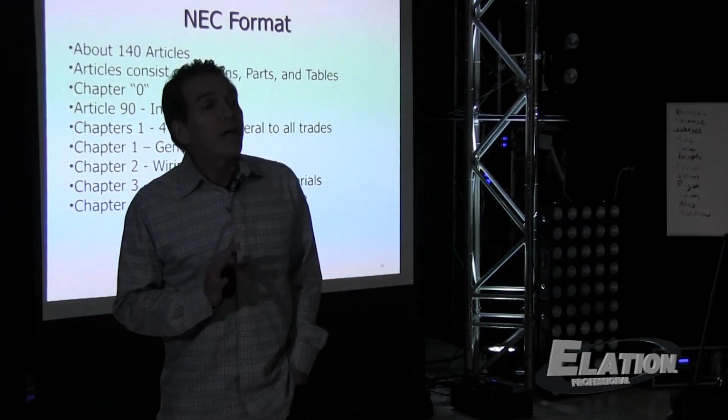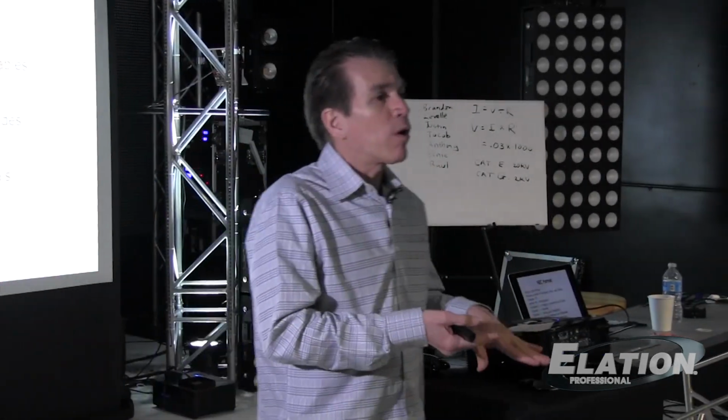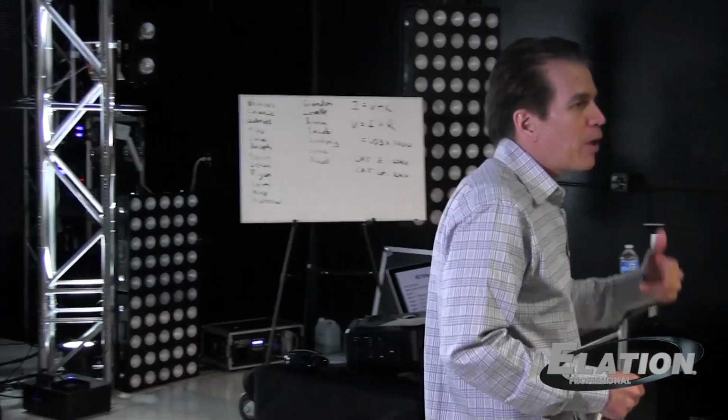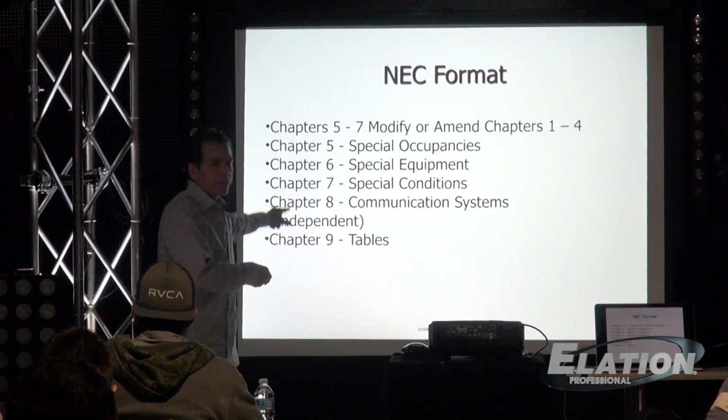In the NEC, there are 9 chapters. And the first 4 chapters, chapters 1 through 4, apply to everything and everybody across the spectrum. So whether you're building a hospital, a church, a school, an apartment building, chapters 1 through 4 deal with what you're doing installing electrical systems. And then when you get into chapter 5, that deals with special occupancies.